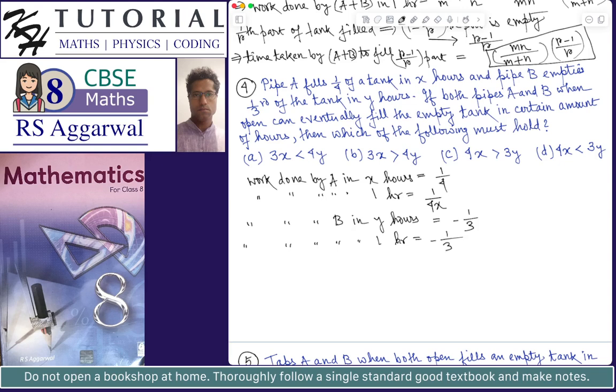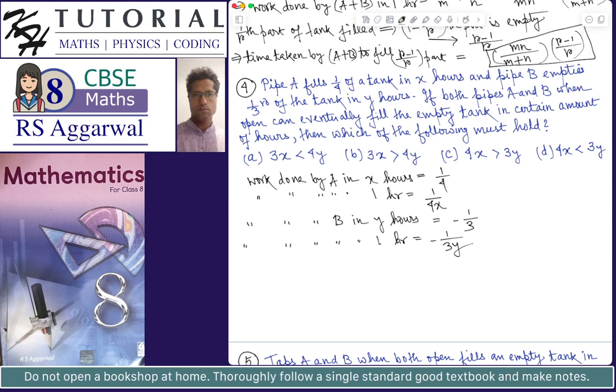Now if both the pipes A and B are open and per hour the tank is being filled, then the work done by A has to be greater than the work done by B in 1 hour. It is saying that when both pipes A and B are open, they can eventually fill the empty tank in a certain amount of hours.